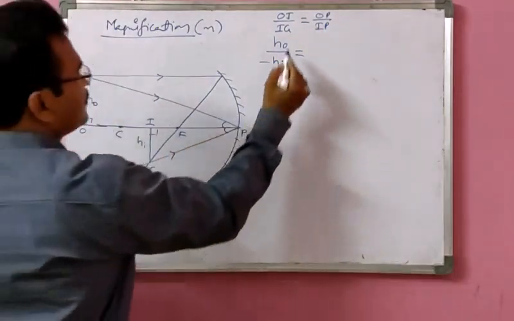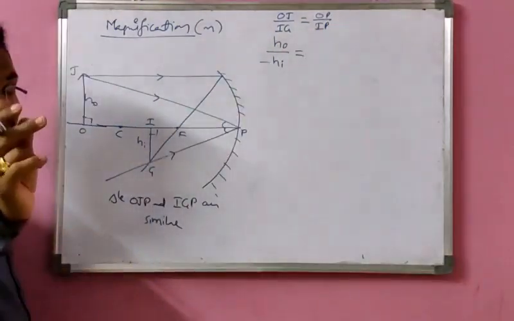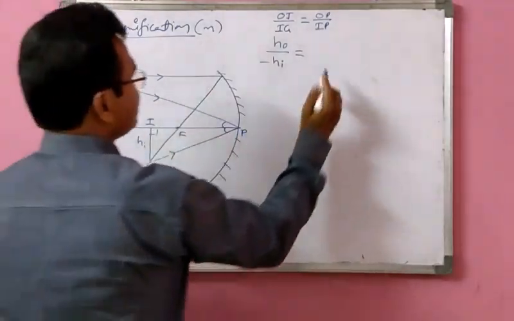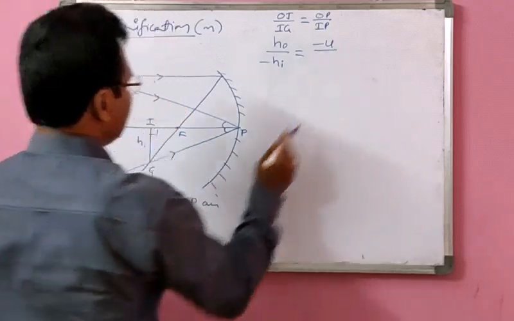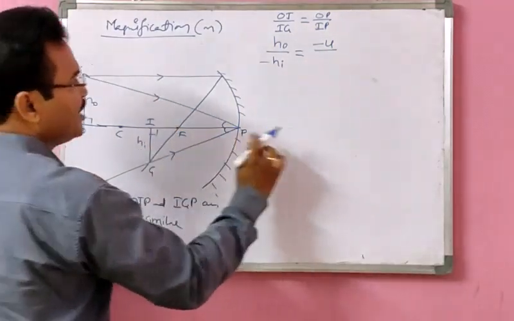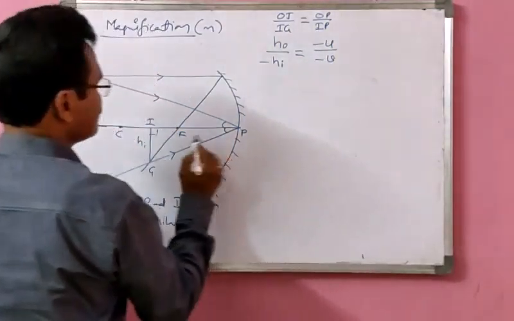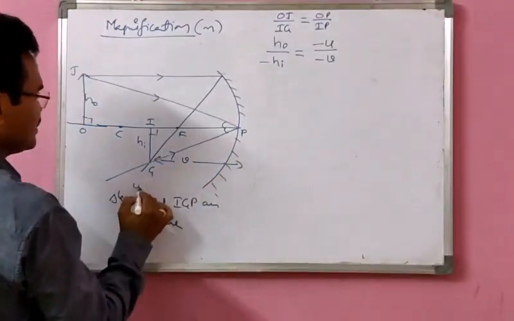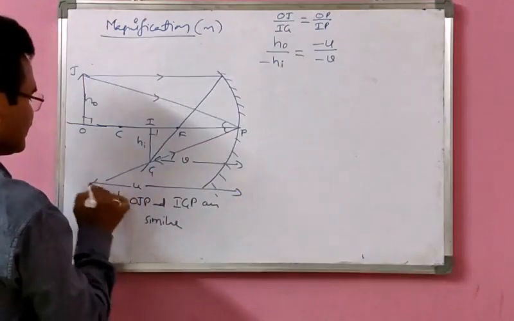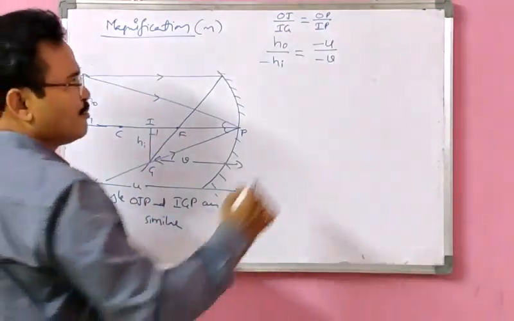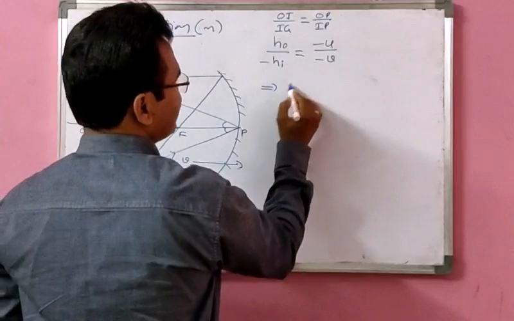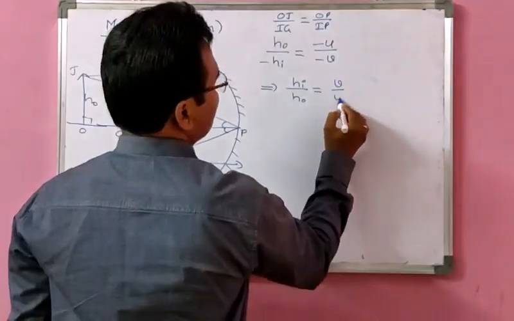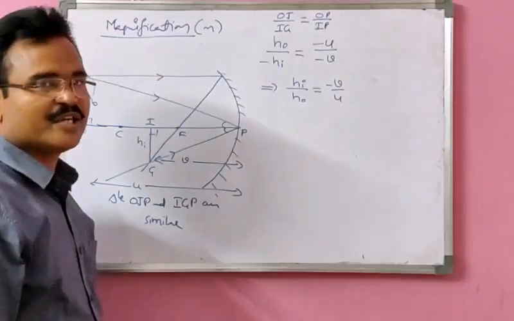OJ means H naught, IG means minus HI by using sign convention. OP is the object distance, which is minus, and IP is the image distance, which is also minus. We can represent these as U and V. So minus minus cancel out, and if I want HI by H naught, I get minus V by U.